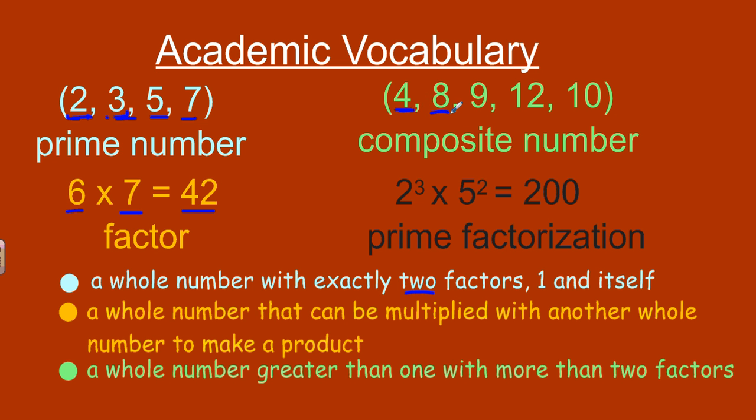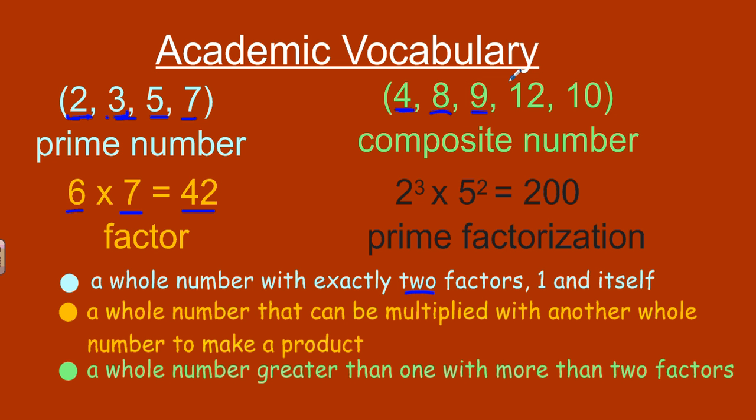The number 8 has more, it actually has 4 factors, 1 times 8 and 2 times 4. What other factor does 9 have besides 1 times 9? Great, 3 times 3.